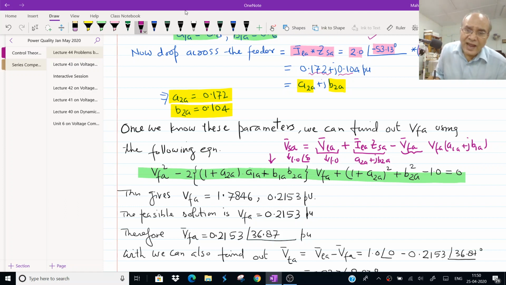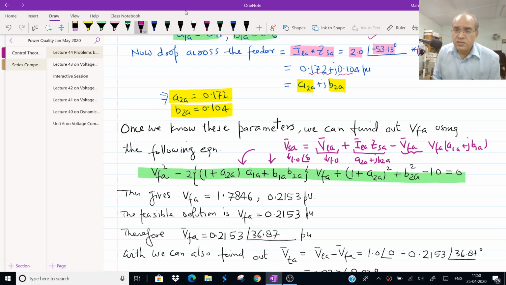So this equation has come by squaring and adding the real and imaginary terms. Then we will get this equation. I have discussed in the last class. You please go and revise this so that you are clear from where it has come.